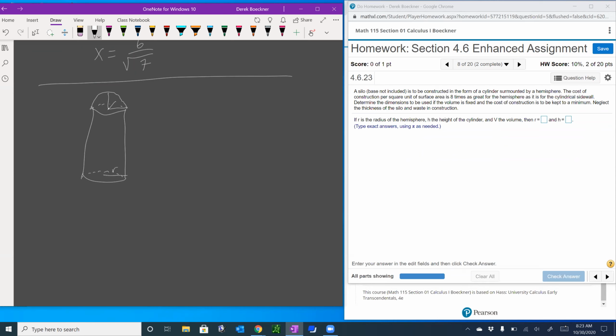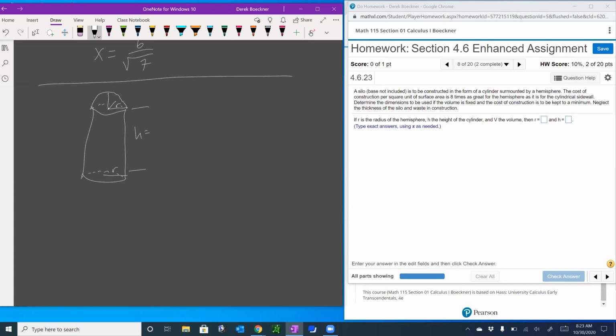It's going to be the same radius down there as it is up there. And then the height here is not yet given, but we want the construction cost to be a minimum, which means we have to figure out the cost, and it tells us the cost of the surface area is 8 times as great for the hemisphere as it is for the sidewall.